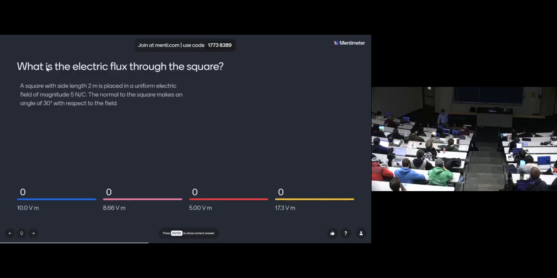What is the electric flux through the square? Bear in mind that you've got on your devices the extra details.